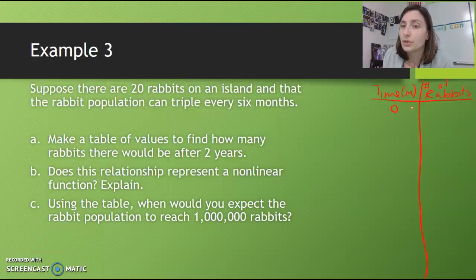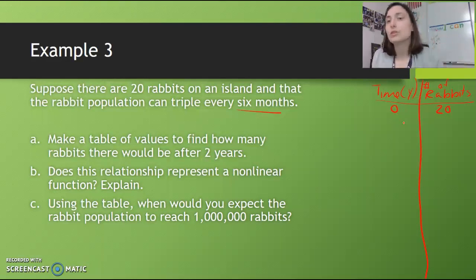And so we have to start off with 0 because after no months, we start off with 20 rabbits. And then it's every 6 months. And I said months, but really I want time in years. So after 0 years, we have 20 rabbits, and then we're just going to go by halves. So after half a year, 6 months, I'm going to take 20 times 3, which is 60.